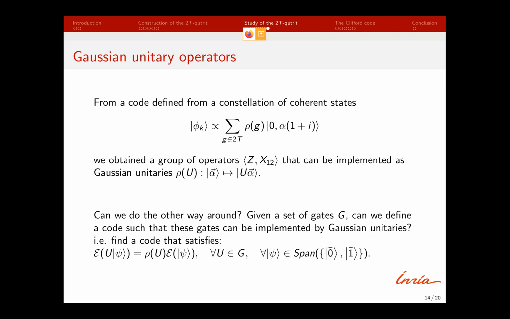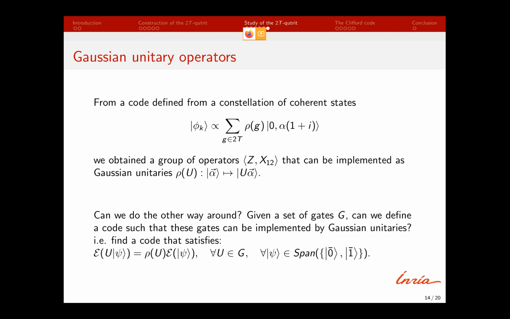So I've just been rewriting the states in that way, with the elements of the group now appearing as operations instead of states. But that's kind of the same, and will be useful for the rest. The main thing is that here we've been able to get two gates, the logical Z and the logical X12 gates, with Gaussian unitaries.